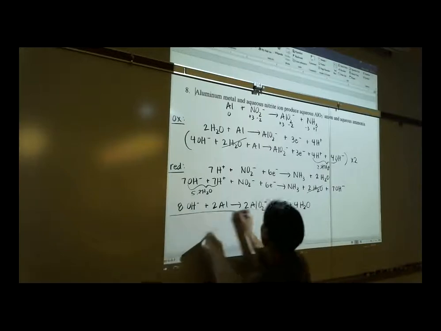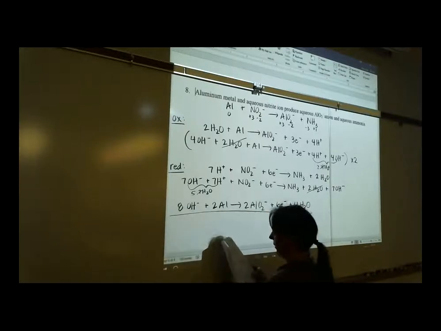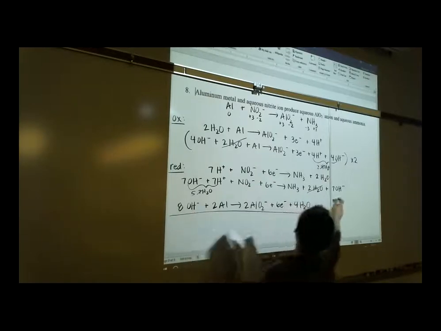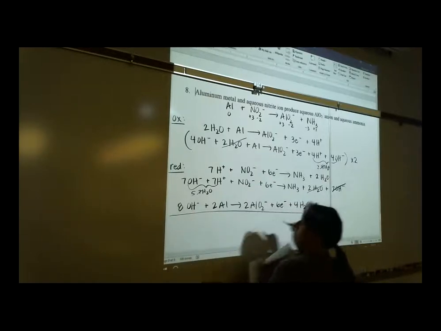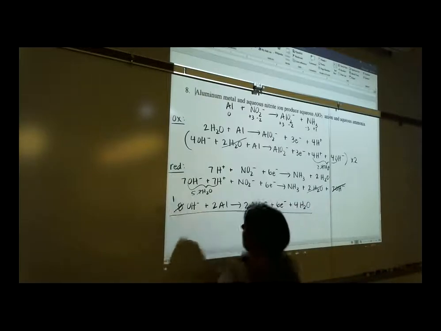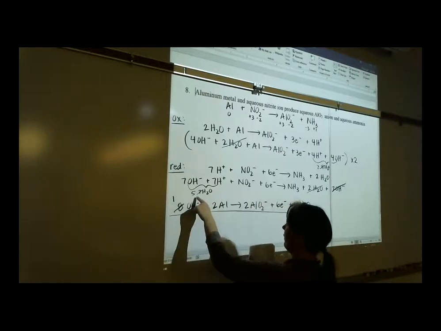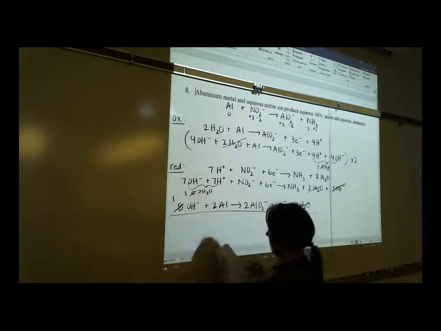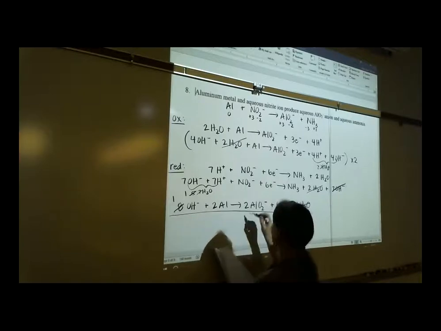All right, so let's add these up. So let's see, hydroxide we've got here and we've got here. So this cancels. We've got 5 H2O here. We've got 4 H2O here. So that cancels. And then our 6 electrons cancel.